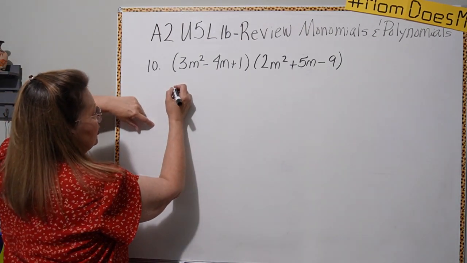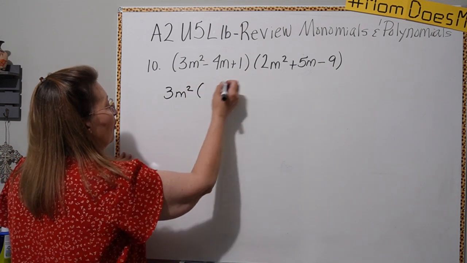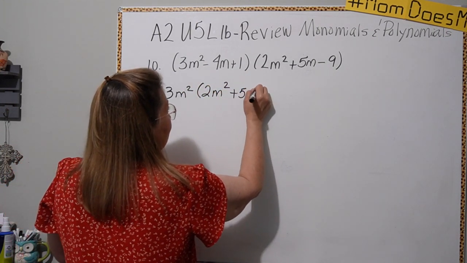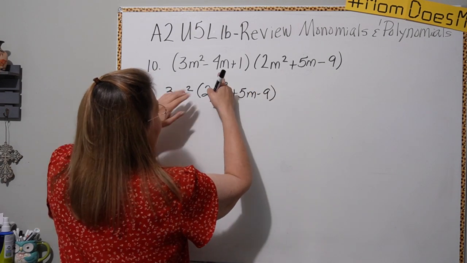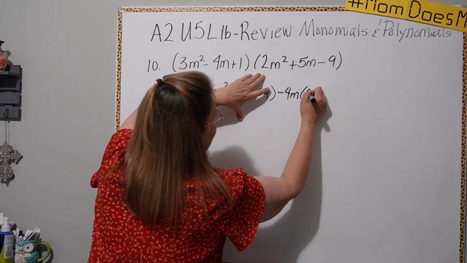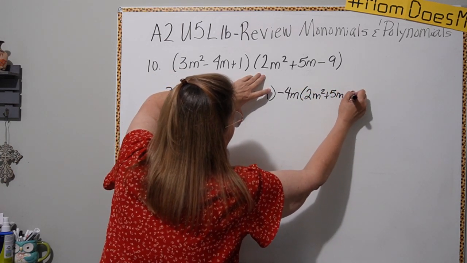I take the first term, 3m², and I show that it's got to be multiplied times all of that. Then I take my second term, minus 4m, and I show that it's got to be multiplied times all of this.